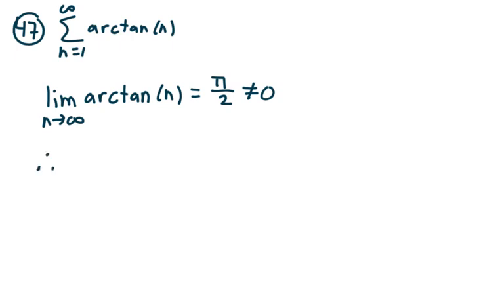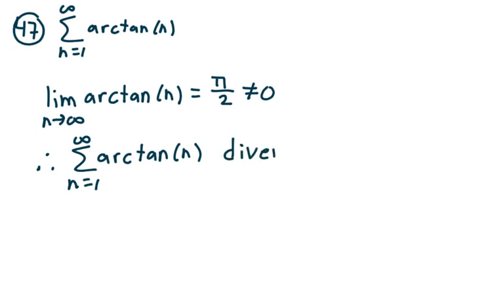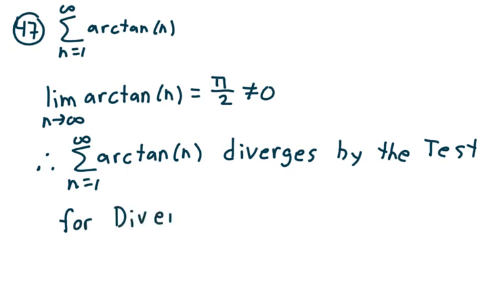So what that says is that the summation from n equal 1 to infinity of arctangent of n diverges by the test for divergence. It's a really quick way to test whether a series will diverge. It's very quick. And it's one of the first tests that I will use on a series.